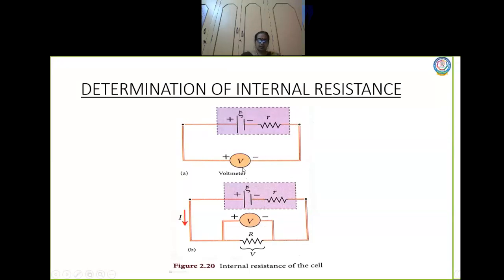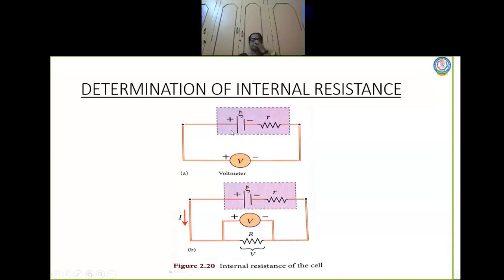Now you are not connecting this to an external resistance. So in the absence of an external resistance R, this psi will give the EMF of the cell. Whatever reading is measured by the voltmeter gives the value of the EMF of the cell.